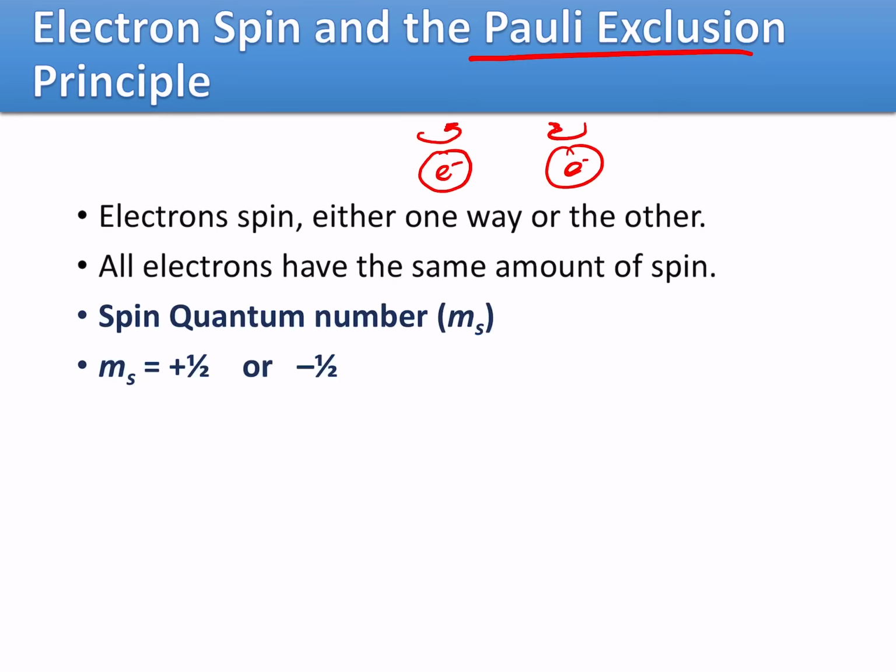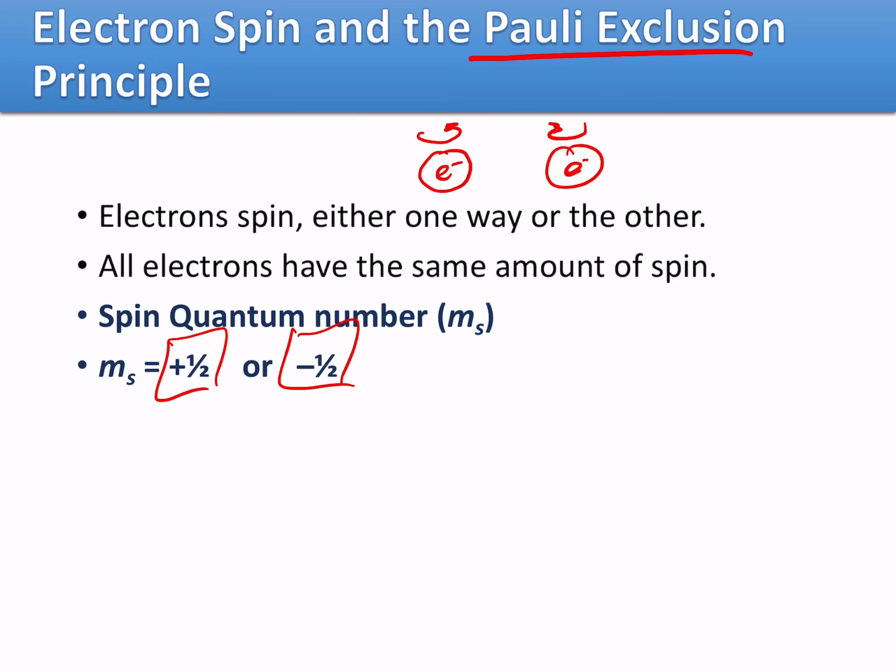Depending on what direction the electron is rotating, we assign a spin quantum number, and there are only two values that the spin can take. It could be either +1/2 or -1/2. It doesn't matter where the electron is located in terms of the orbitals. The spin quantum number can only have a value of +1/2 or -1/2.